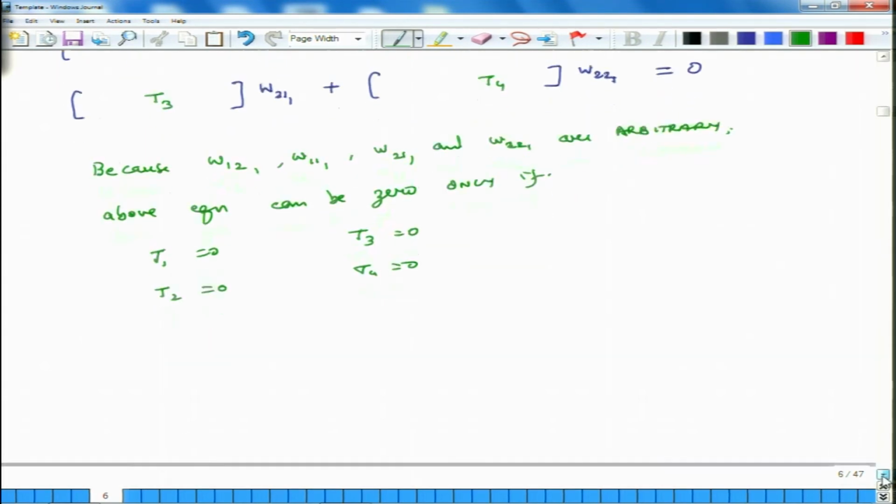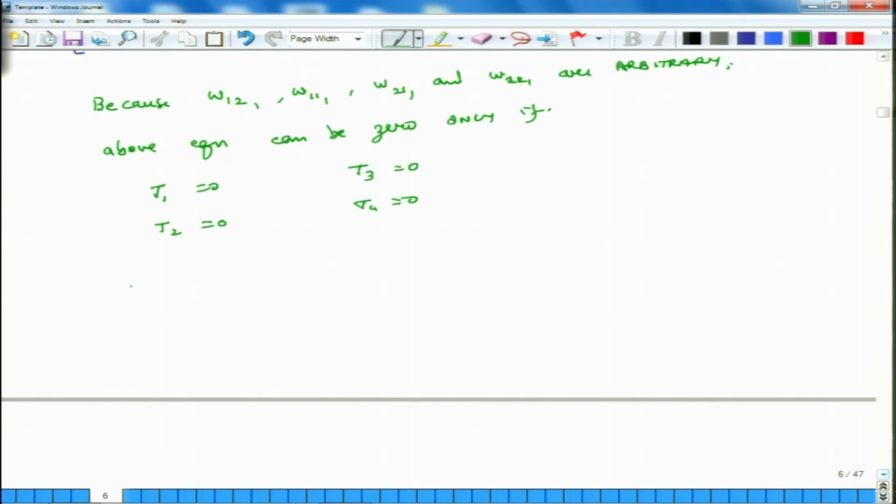And what are T1, T2, T3, T4? What do they depend on? They depend on M, N, A, B, D11, D12, D22, D66, D16 and D26.